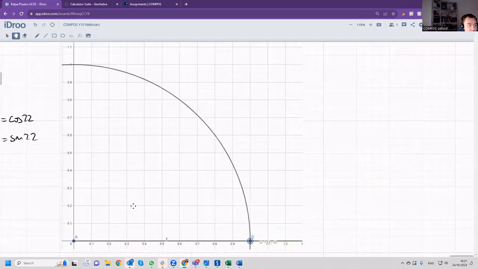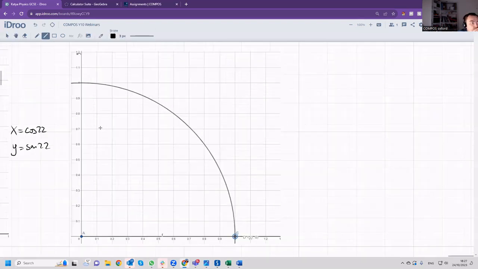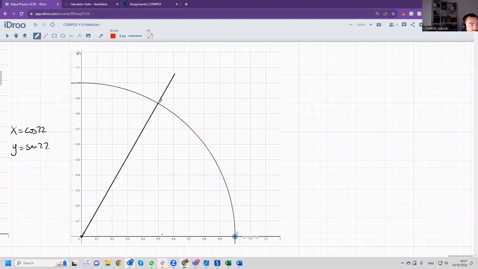If you draw a line of 60 degrees, the coordinate of this point is going to be 1/2 and square root of 3/2. What is cosine of 60 degrees? Question, what is cosine of 60 degrees? Checking your understanding.